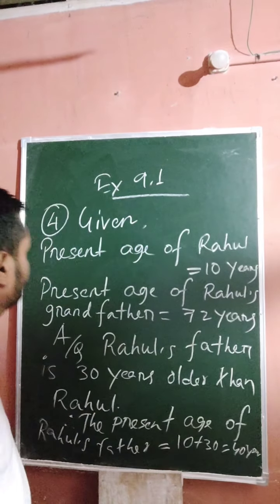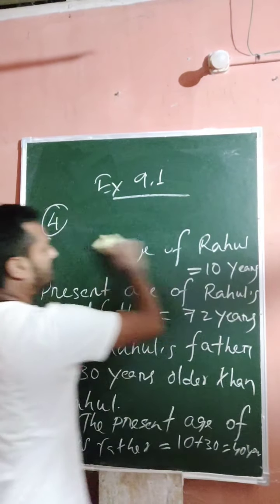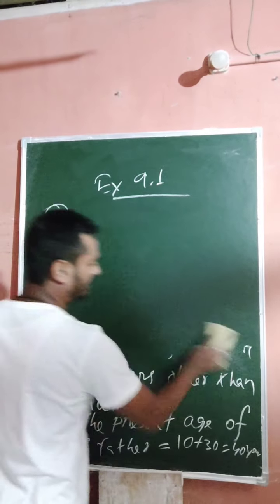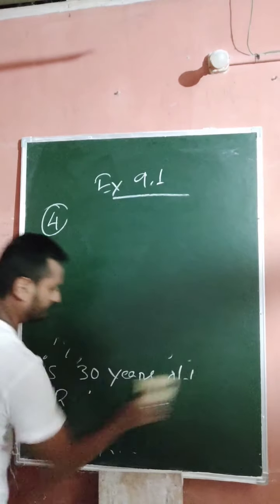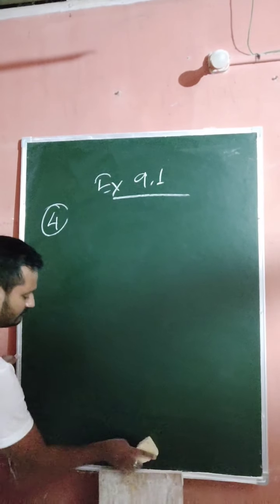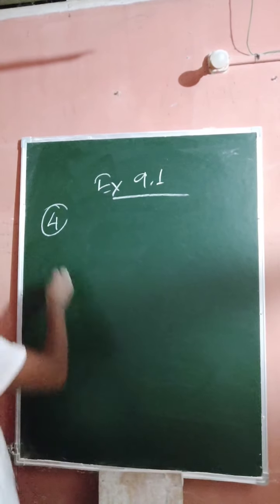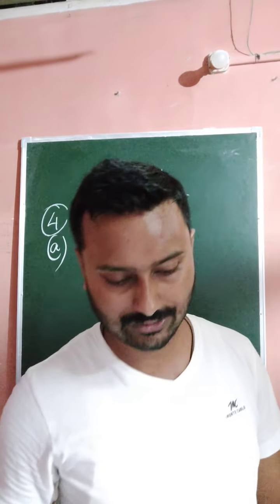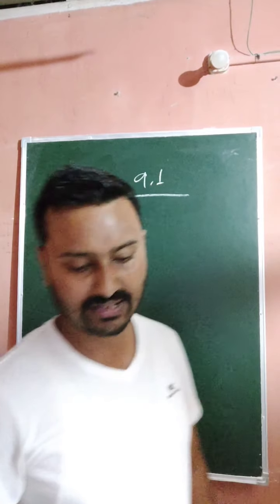Okay, so now we have to find the answers to the given questions. So the first one, A. A is asking for the ratio of the present age of Rahul's father to the present age of Rahul.